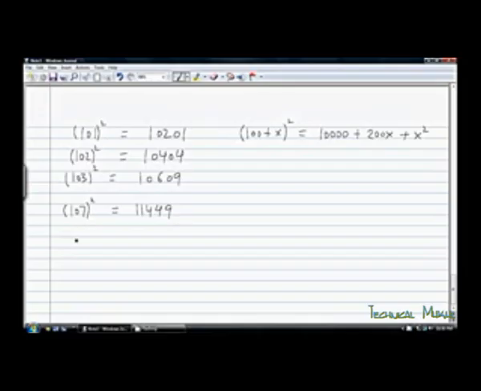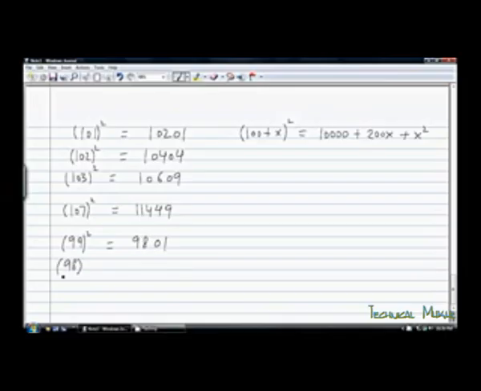If I use the same formula to square the numbers which are below 100, then instead of writing x, I have to use minus x. Suppose I am squaring 99, then 1 times 2 is 2, so I will subtract 2 from 100, that will be 98, and then take the square of 1, that is 9801.